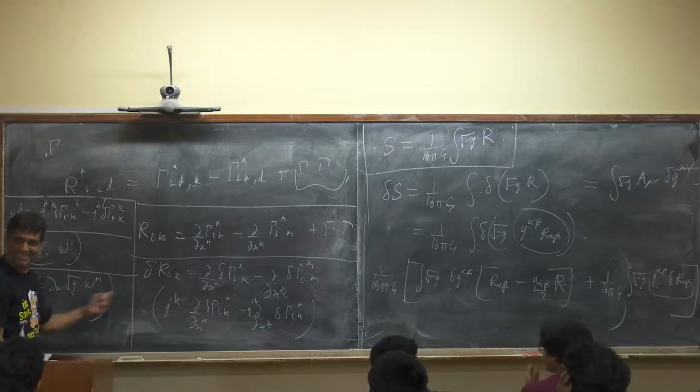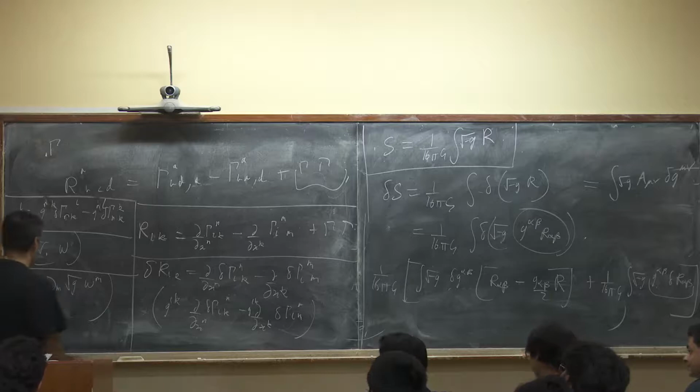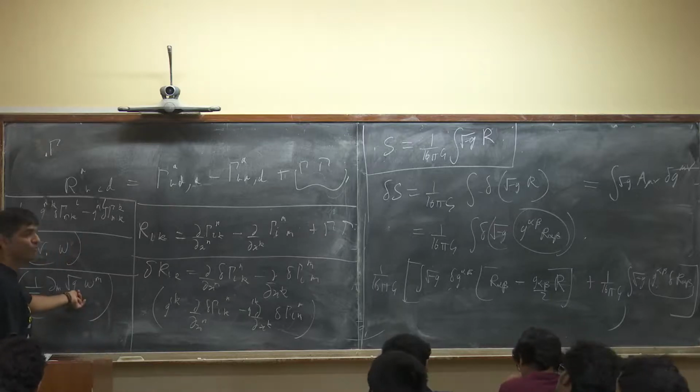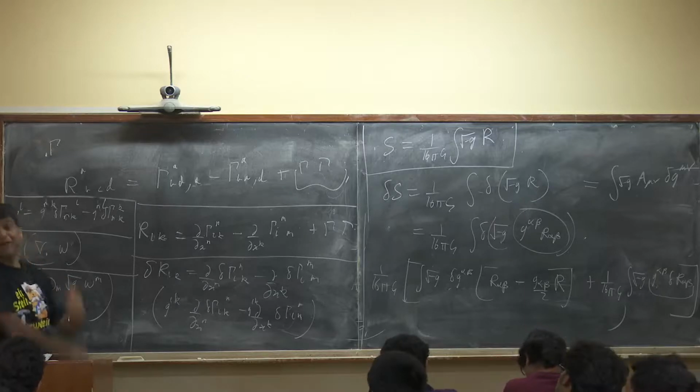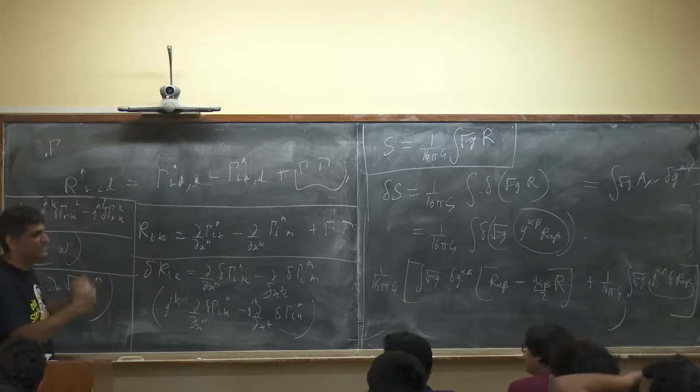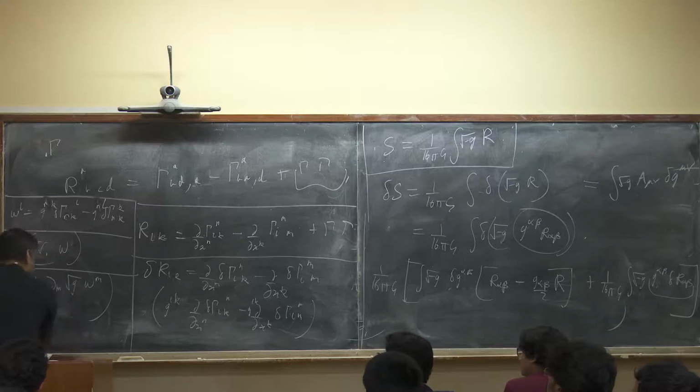This we had in an exercise. Normally this is complicated because it involves derivatives of g, but in our coordinate system derivatives of g are 0. So this expression is the much simpler expression, del_m W^m.